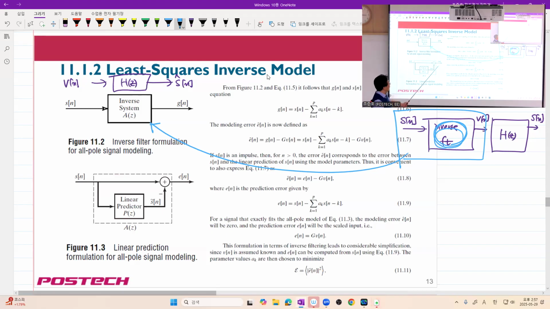What we are going to do is find the coefficients of this moving average system that minimize this error. That is one choice from many possible choices in finding this system. So we want to find the inverse system that minimizes the energy of the error signal when we limit the capability of this filter to some order all-pole system.